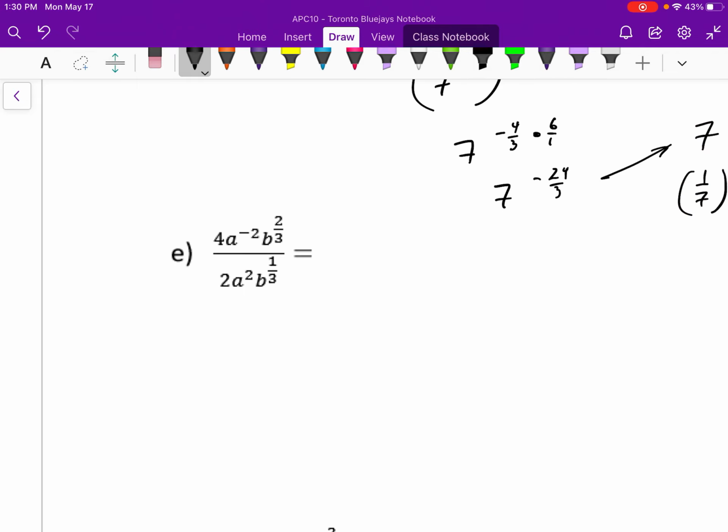So let's take a look at what we got going here. It's really important that we look at the constants separately, and then we look at the a's separately, and then we look at the b's separately, because ultimately this is just multiplication.